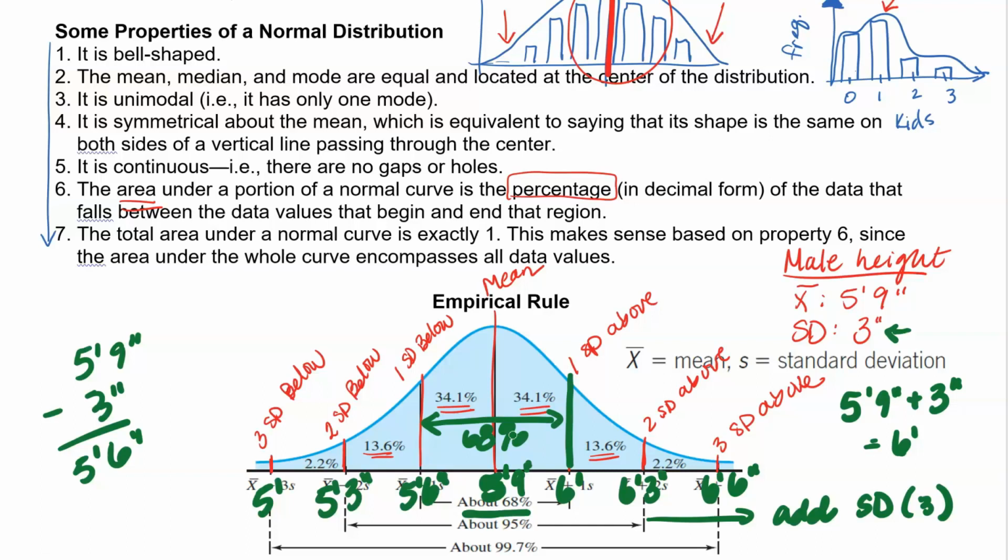In contrast, let's say you're a male who is 6 foot 6 inches, where you were 3 standard deviations above. You can see from the graph here that there's just a small little tail, and that represents that very few people are going to be above 6 foot 6 inches tall, very few males. So your height is pretty rare. And the empirical rule says about 99.7% of values fall between 3 standard deviations from the mean.